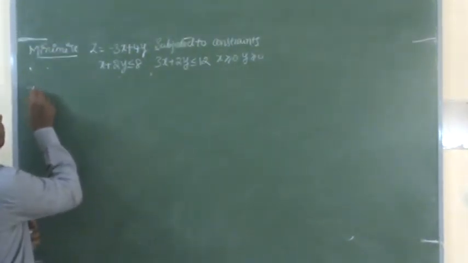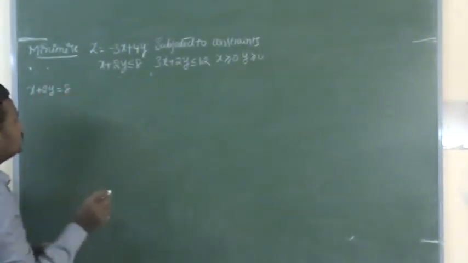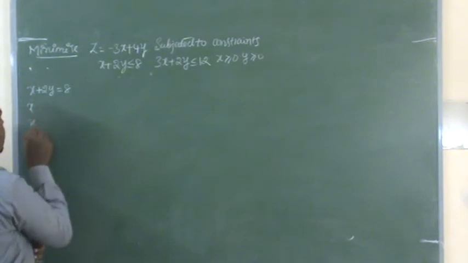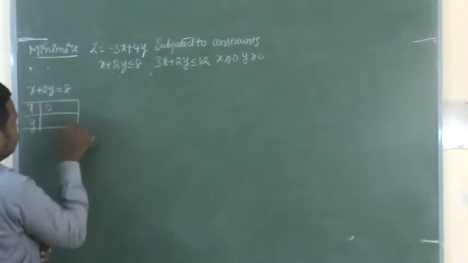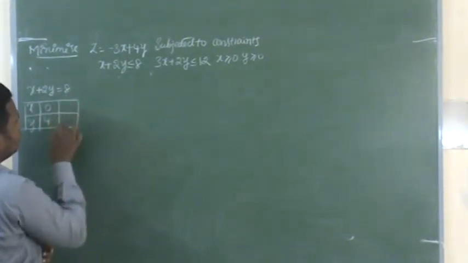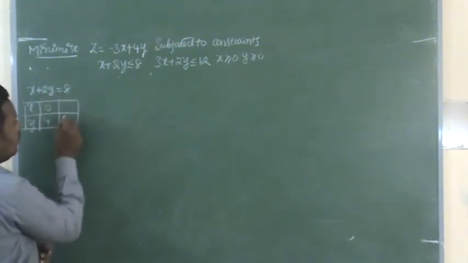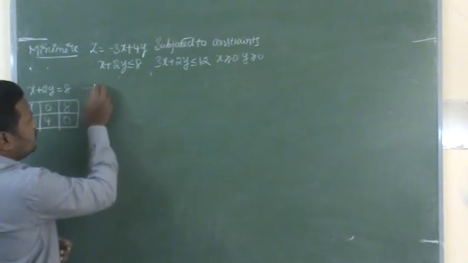The first equation, x plus 2y is equal to 8. When x is equal to 0, the y value is 4, and when y is equal to 0, the x value is 8. This is equation number 1.